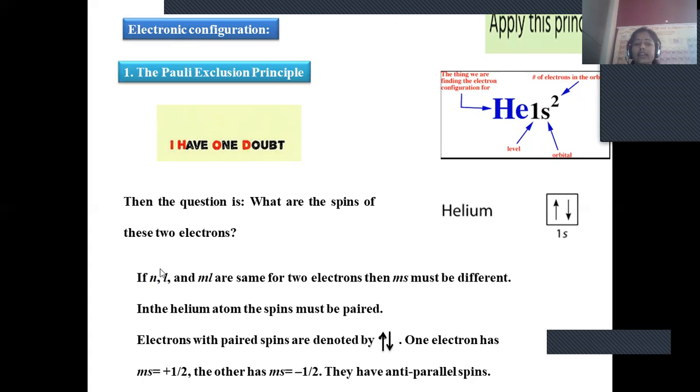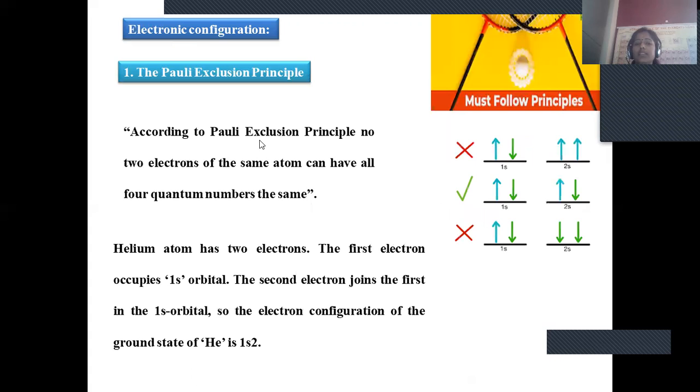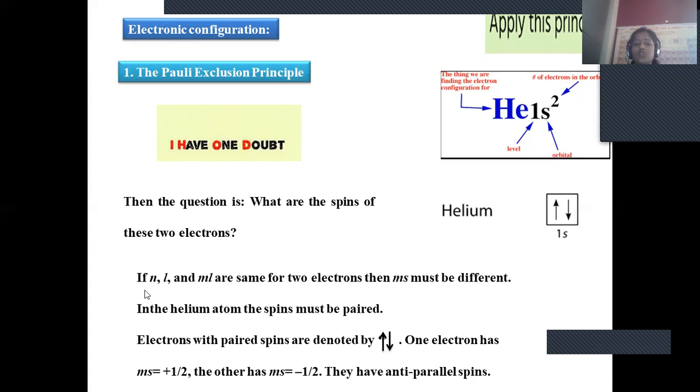So here N, L, M, these 3 values are equal for the 2 electrons. But what does the principle say? No 2 electrons have all 4 quantum numbers equal. So 3 quantum numbers are exactly equal: N is equal to 1, L is equal to 0, M is also 0. Then where is the difference? The only difference is in the spin quantum number. The Ms value is different. Why?